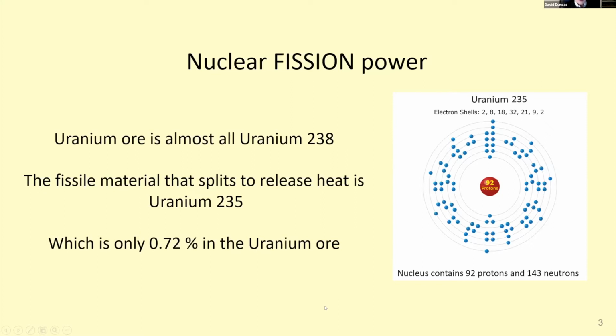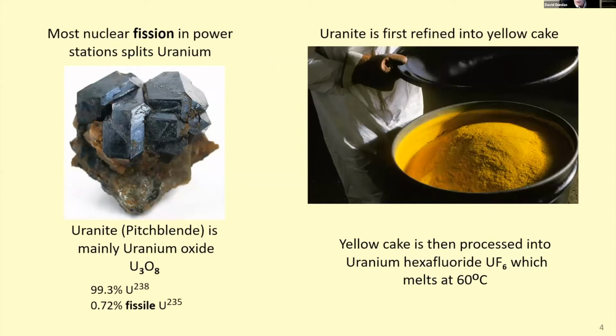The fissile material, which is going to actually do the work of being split and releasing energy, is only 0.72% of uranium ore. The uranium ore is pitchblende, which is uranium oxide.